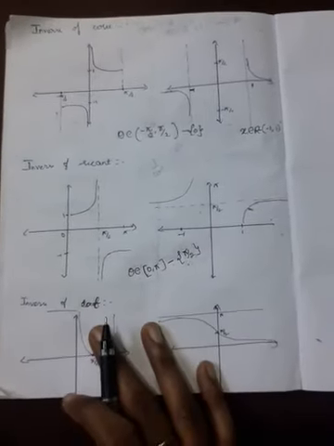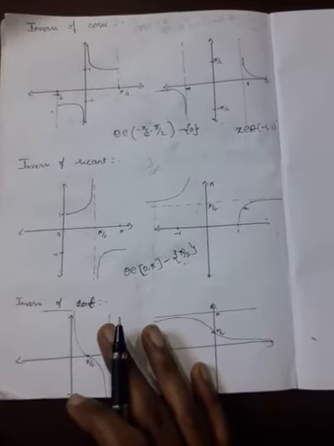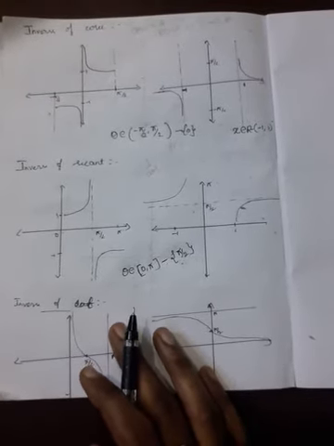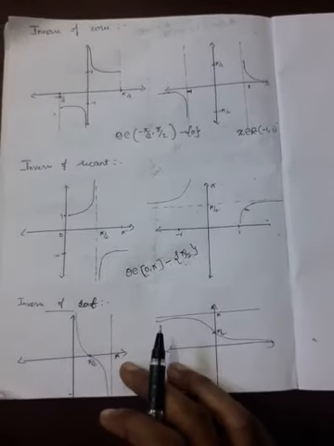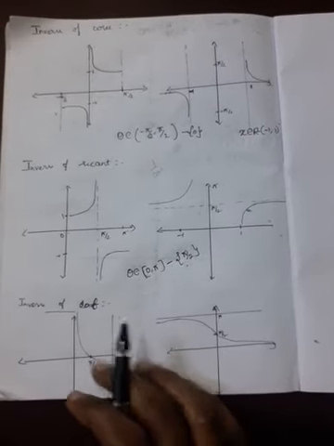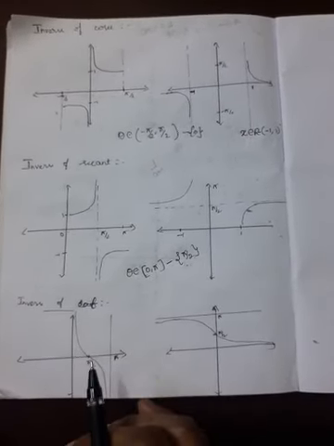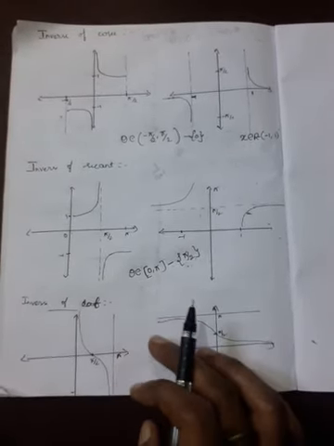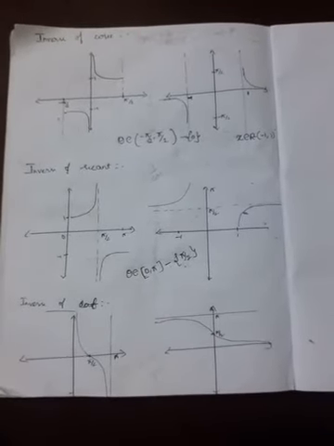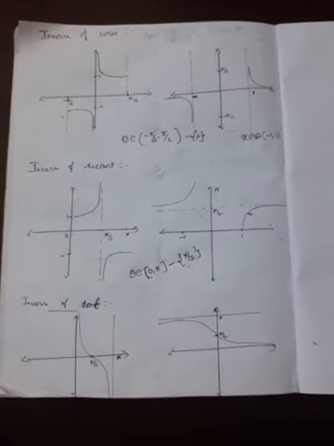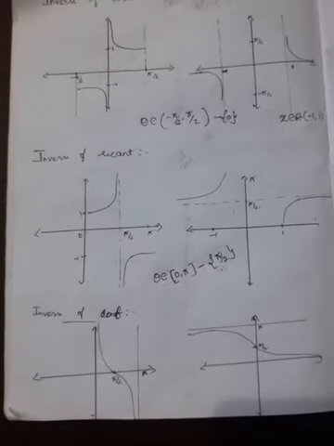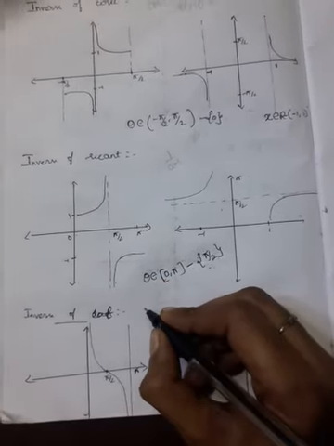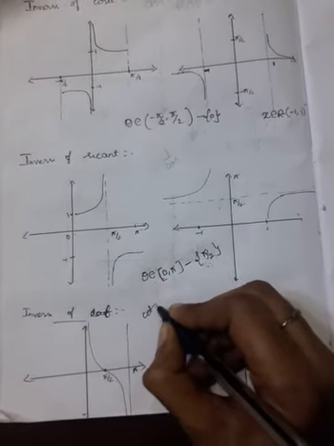Next is inverse of cot x. We know that cot x is 1 by tan x. In the tan we know that the domain is the whole real number, and our codomain is the open interval minus 90 to plus 90, except minus 90 and plus 90. In cot, it is 0 to 90, because cot is equal to 1 by tan.